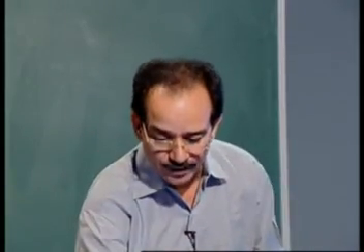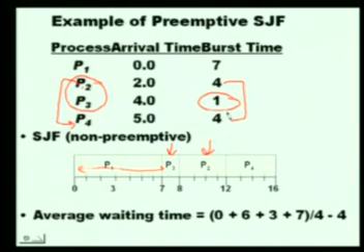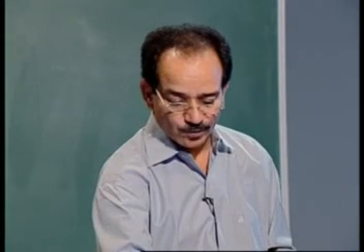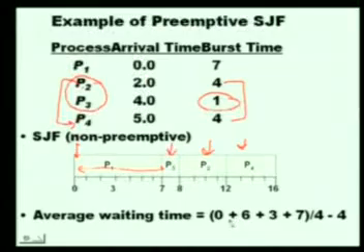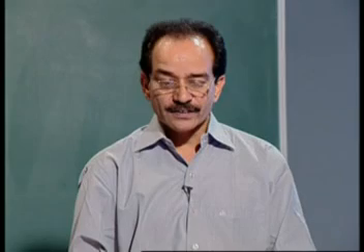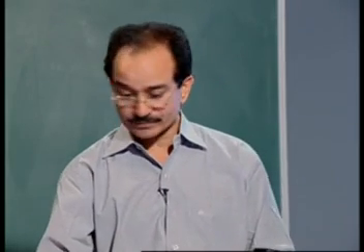That is the reason why we are putting P2 for execution, not P4, in this scenario. Afterwards it is P4 which will be executing. In the same way we can calculate the waiting time: for P1 there is no waiting time, for P2 it is 6, and for the next ones 3 and 7. We divide the total by 4, and we get 4 as the average waiting time in case of shortest job first.